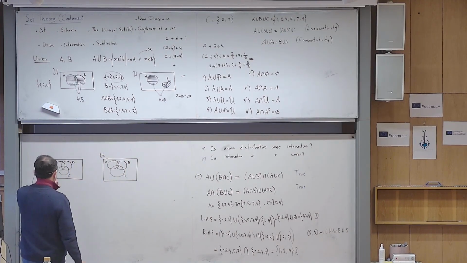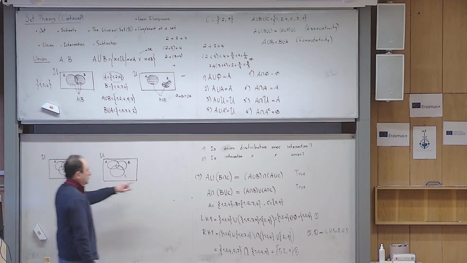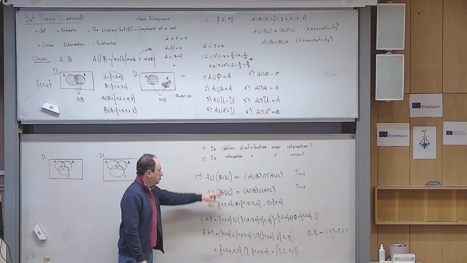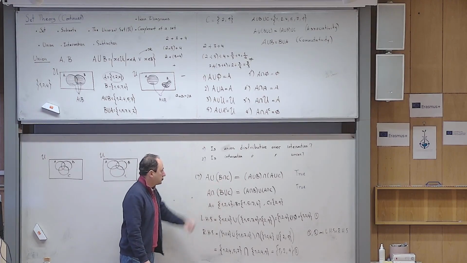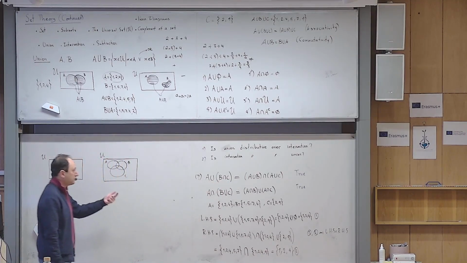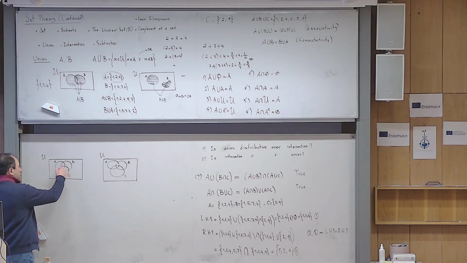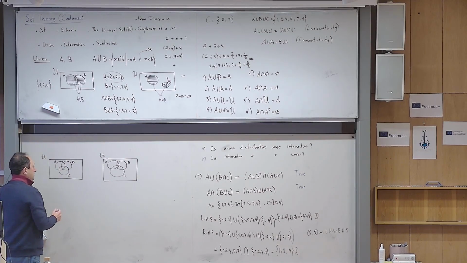For example, here, let us concentrate here, A union B intersection C. Because of the pair of brackets, the priority is with intersection. So I have to intersect B and C in this picture. So this is C, this is B. Intersection between B and C means all the parts that they overlap.